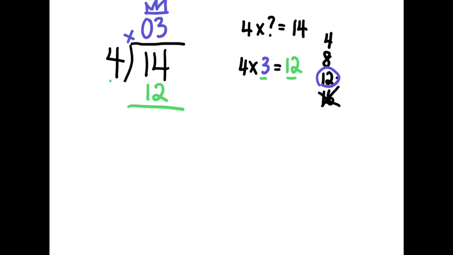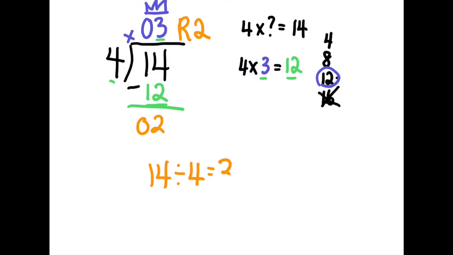And now we're going to subtract. So 4 minus 2 equals 2, and 1 minus 1 equals 0, right? So we have 14 divided by 4 equals 3 remainder 2.